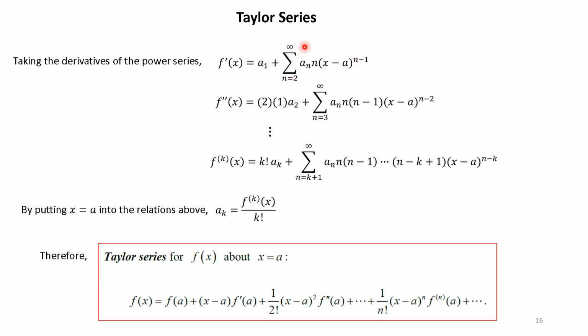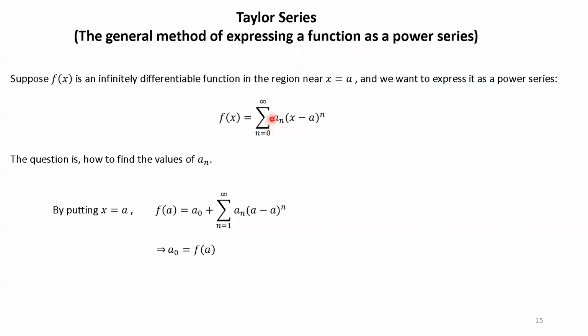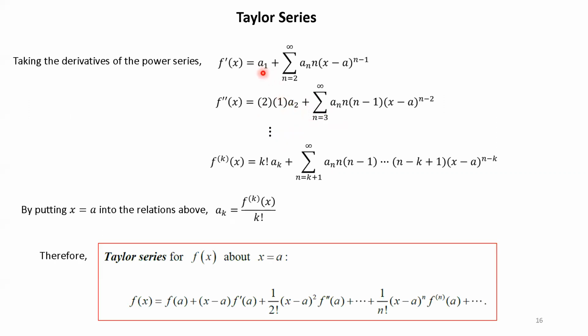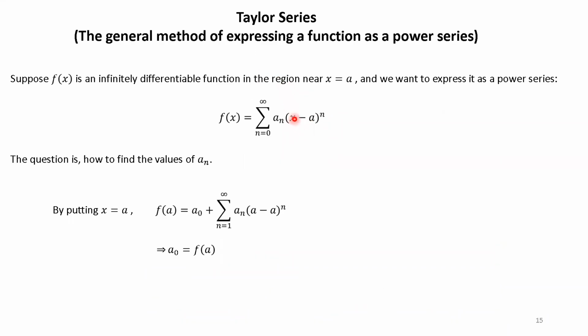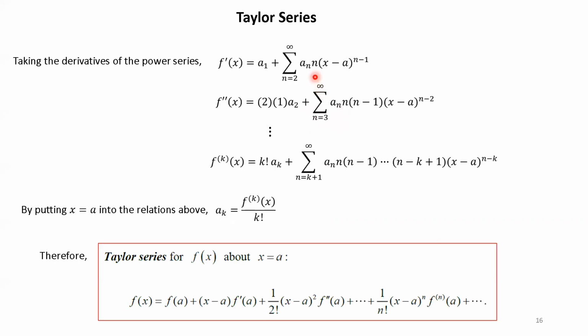On the right-hand side, all I do is differentiate this series term by term. We know that we can do it because it is a convergent series, so I'm allowed to do the derivative term by term. Whenever I have x minus a to the n, it just becomes n times x minus a to the n minus 1. This is what I have here.